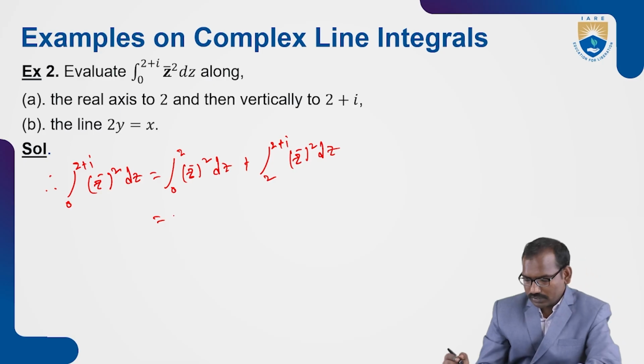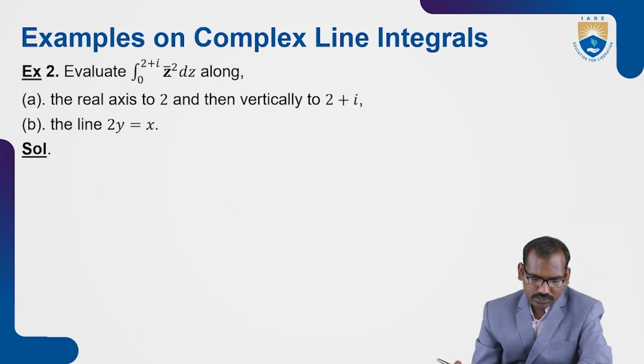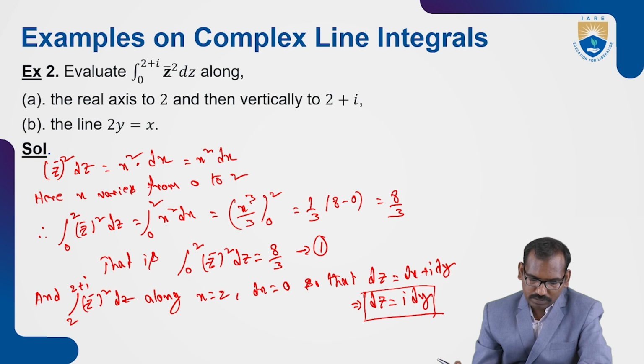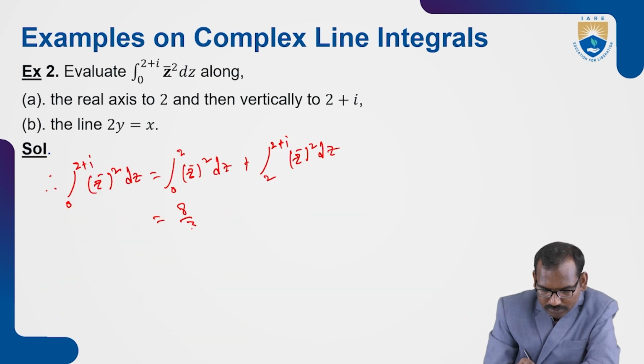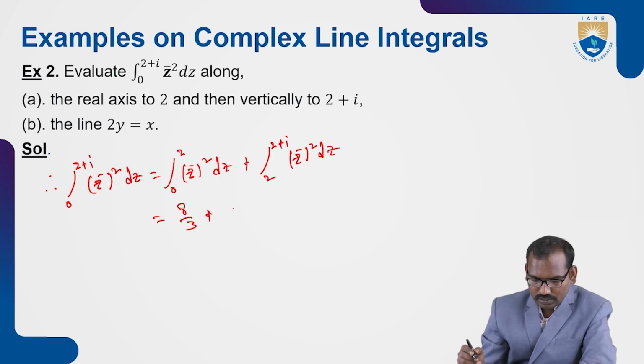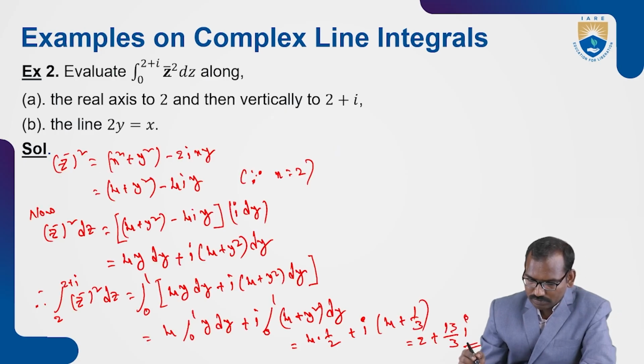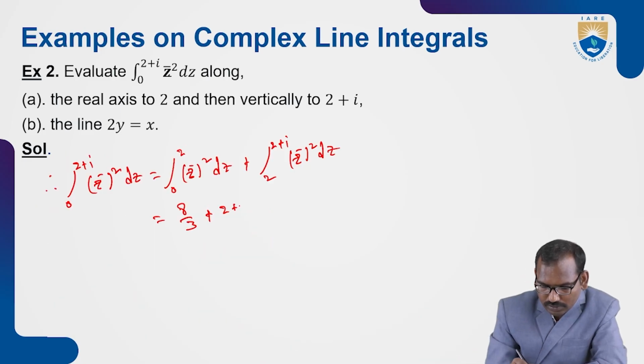We know the first value is 8 by 3, plus the second one, 2 plus 13 by 3 I. So you will get 14 by 3 plus 13 by 3 I.